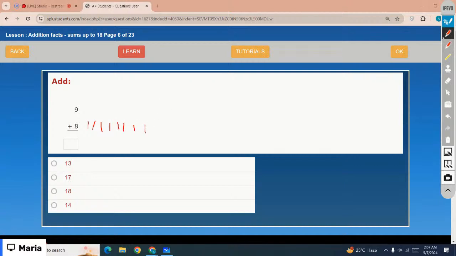So 9 plus 8 equals 17. The correct option is 17. 9 plus 8 is 17. It is right.